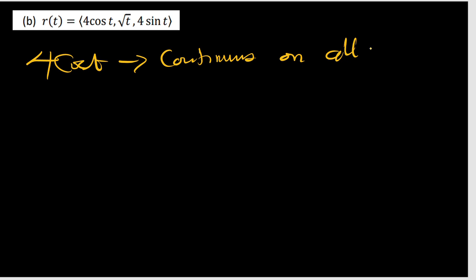For cos t is continuous on all real numbers. Then the square root of t, the radical sign, is defined for only 0 and positive real numbers.